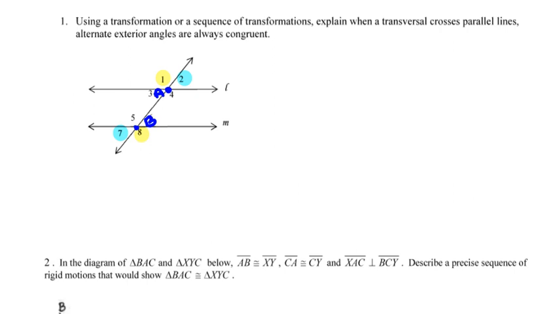I'm going to write these in words just to be a little different. Part of me thinks some of these are a little tricky to write using function notation. So I'm going to say first, translate angle 1 using vector AB.